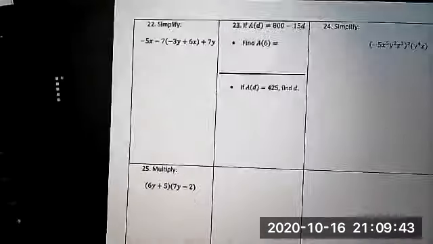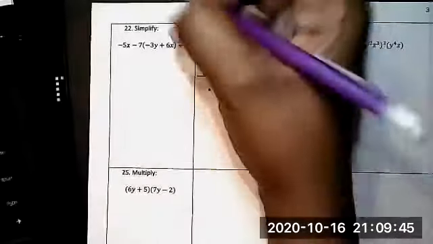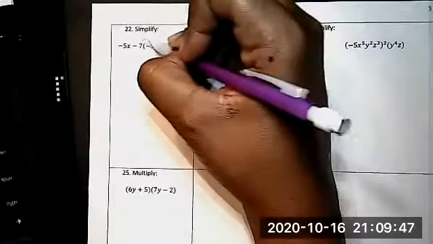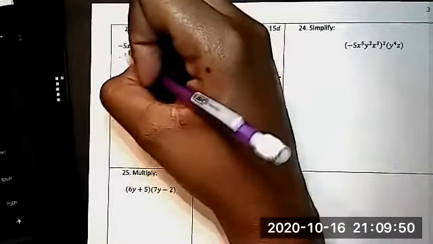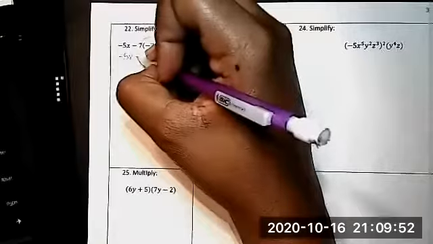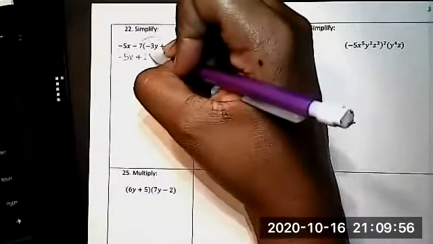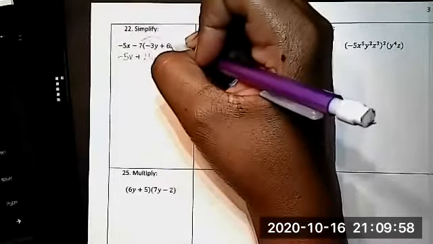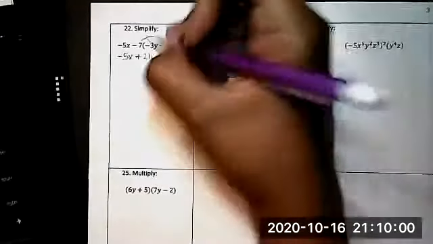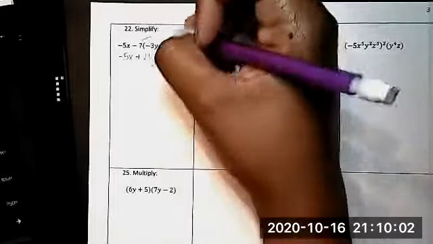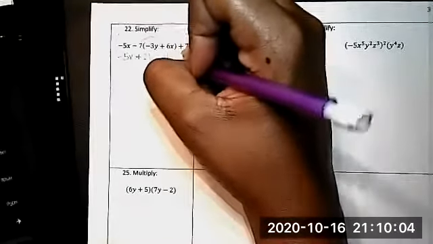And last page, here you go. All right, last page. They just want you to simplify. Go ahead and distribute. Negative 5x plus, because negative 7 times negative 3y is positive 21y. Negative 7 times 6x is negative 42x.